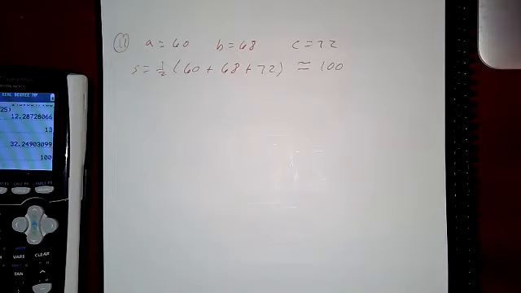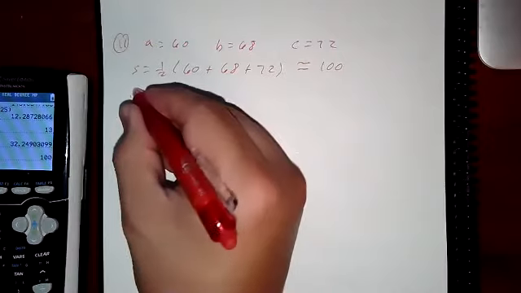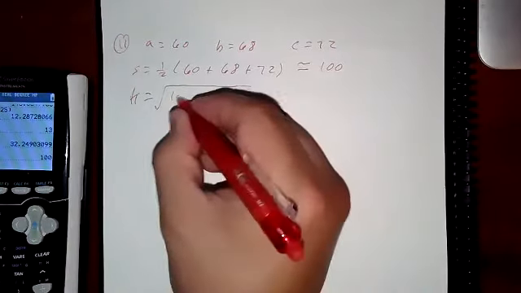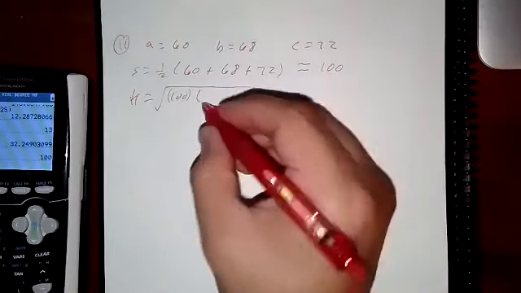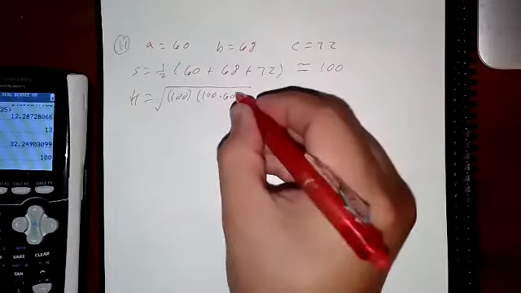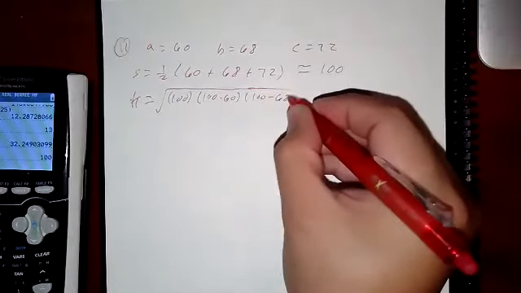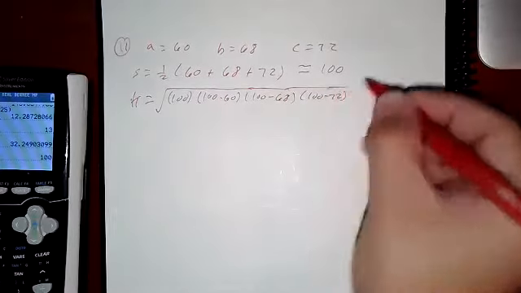Double checking. Yeah. All right, so then just use our Hero formula, right? So K is equal to square root of 100 times the difference of all the sides. So 100 minus 60, 100 minus 68 times 100 minus 72, right?